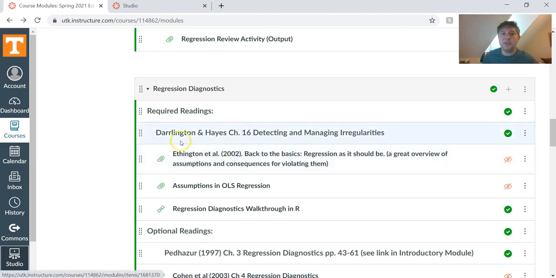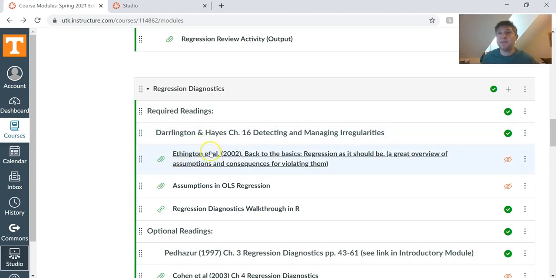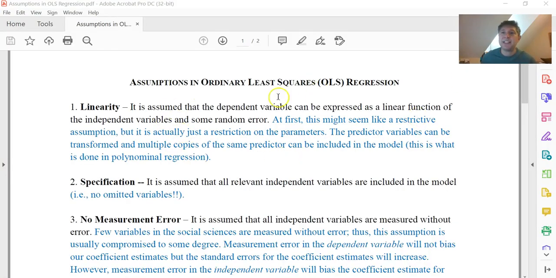For full disclosure, Athington was my dissertation advisor, so that's maybe why I'm partial to this, but I think it's one of the best articles really explaining the regression assumptions and the consequences for violating those assumptions. So this document I made is really based off her article.